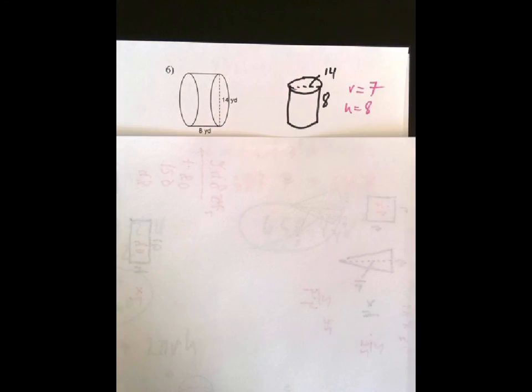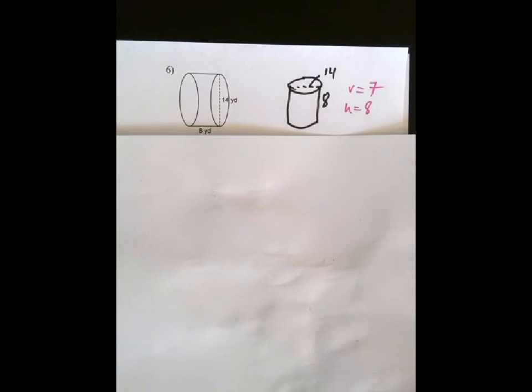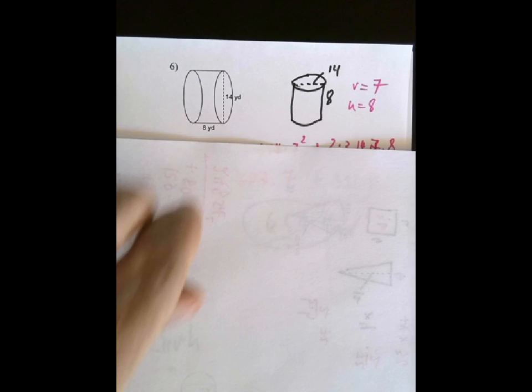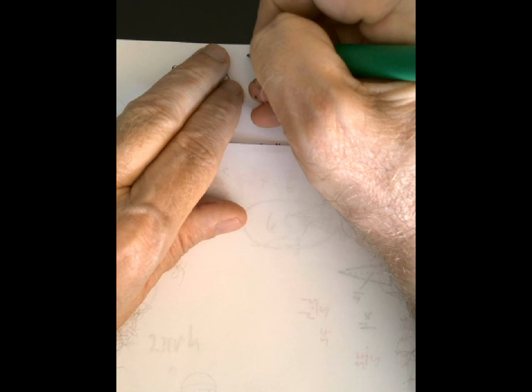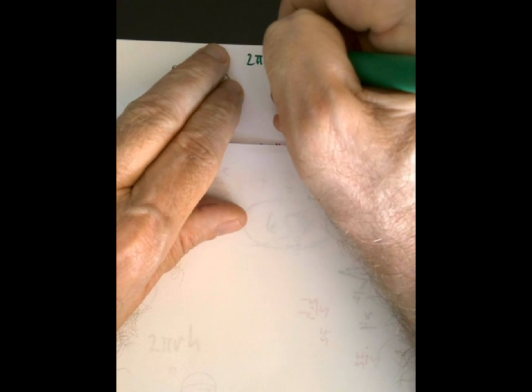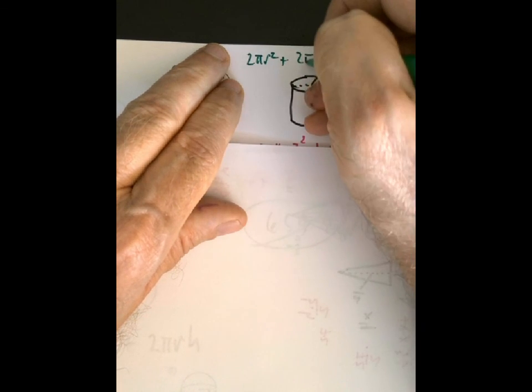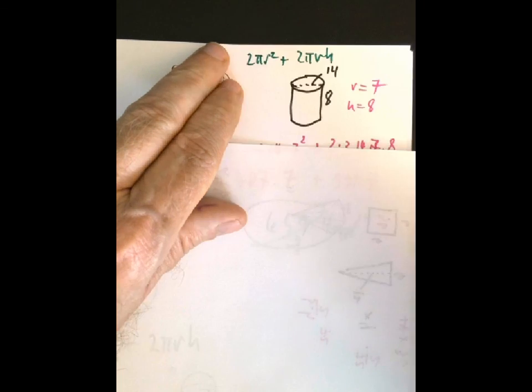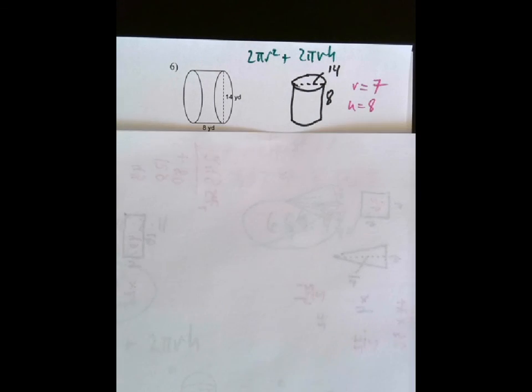So you've got to remember that you are going to use the radius in the formulas. Remember, this formula is 2 pi r squared plus 2 pi r h. Okay, so try that out and see how that goes.